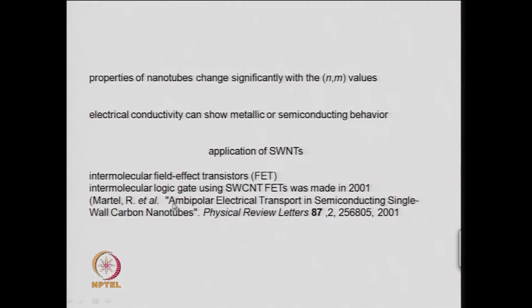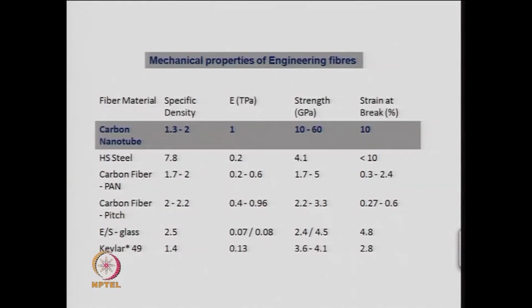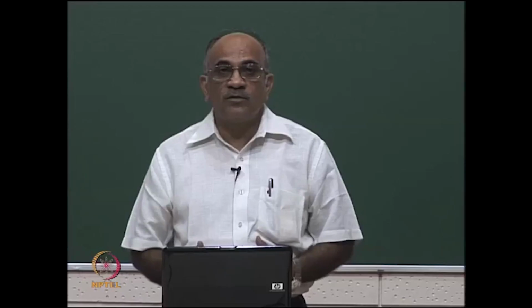So, there are several other applications of these nanotubes. Look at the mechanical properties of these nanotubes. Here is carbon nanotube compared to stainless steel, carbon fiber, glass and Kevlar. Kevlar, you know, is a polymer, and it is used in bulletproof vests.